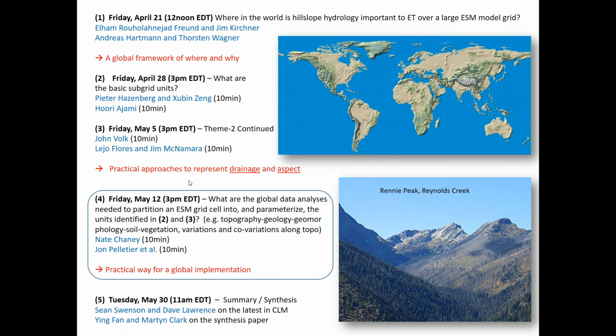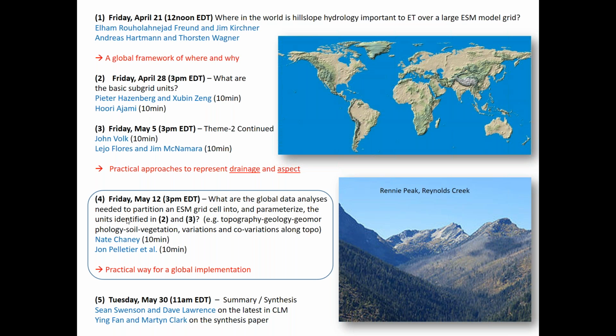So today we're going to continue to our 4th webinar, asking this question: what are the global data analyses that are needed to partition an ESM grid cell into and parameterize these units as identified in part 2 and part 3?